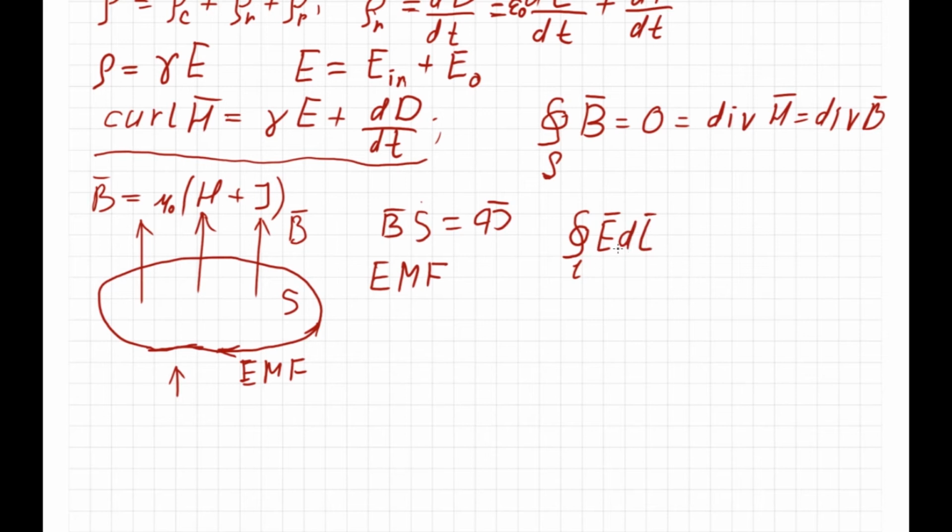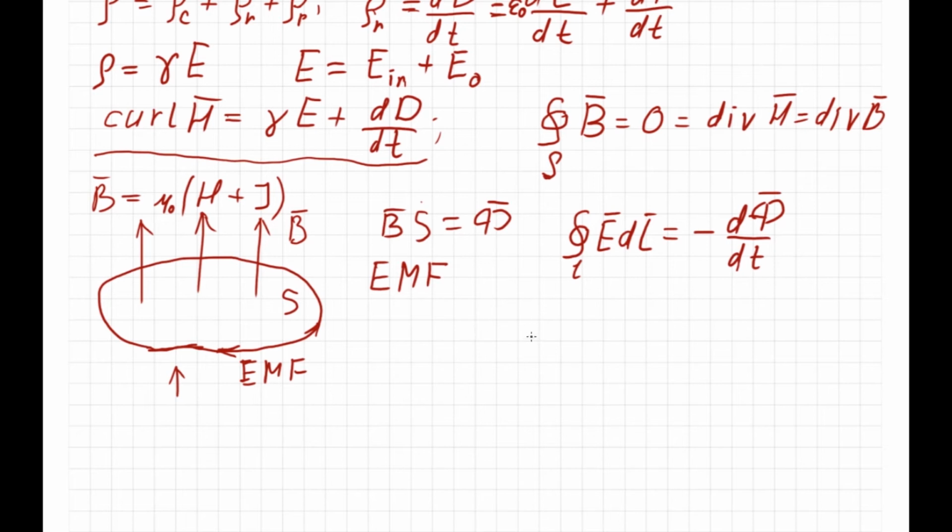This is the scalar product of vectors. It equals minus dF divided by dt. This is the derivative by time.